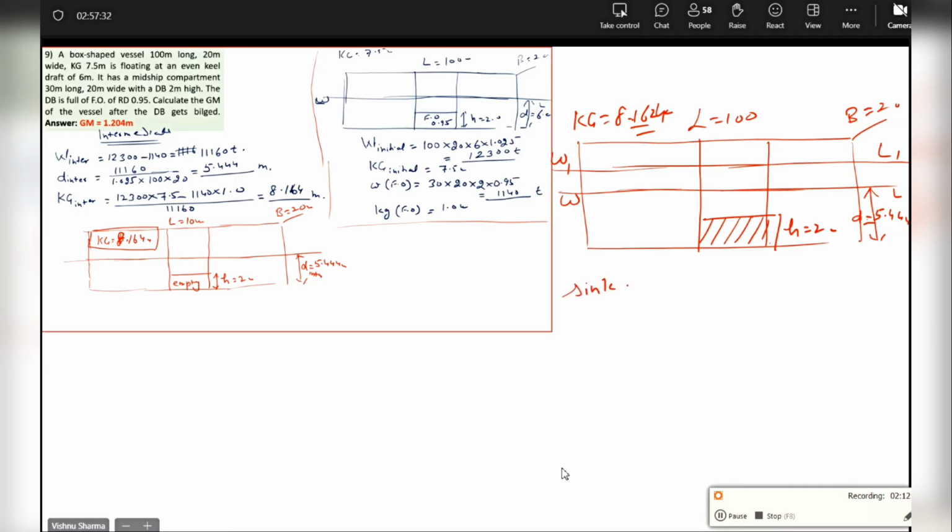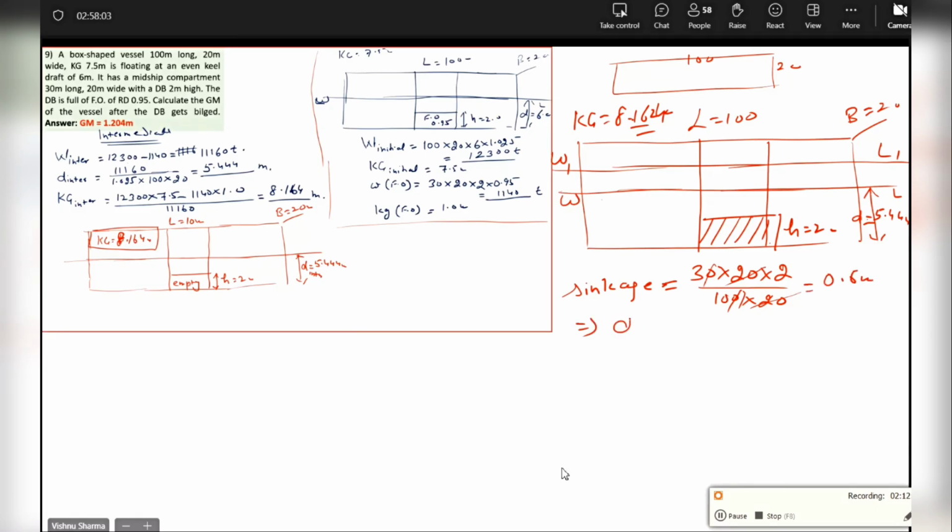Sinkage would be the lost buoyancy, that is L times B times H, where length is 30, breadth is 20, and H is 2, divided by the intact water plane. What is the water plane between WL and W1L1? The water plane is fully intact, 100 by 20, right? So divide by 100 into 20, which is 0.6 meters.